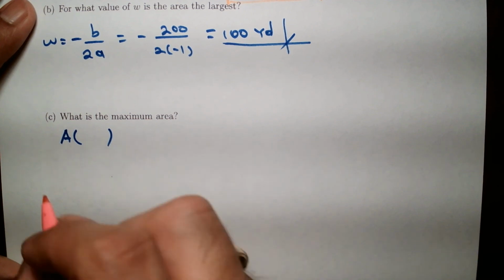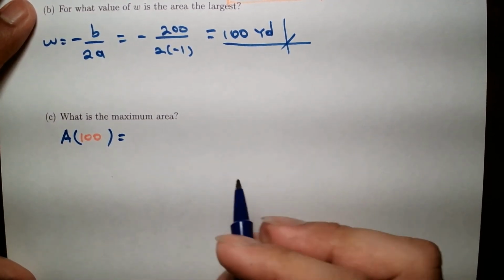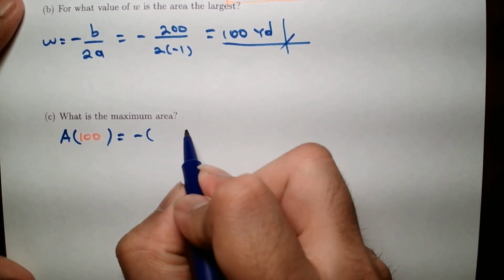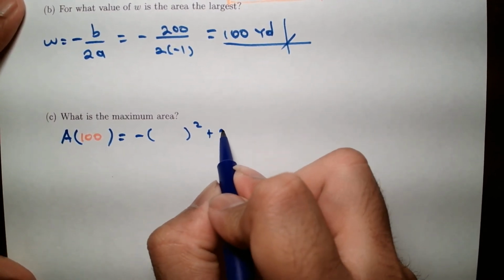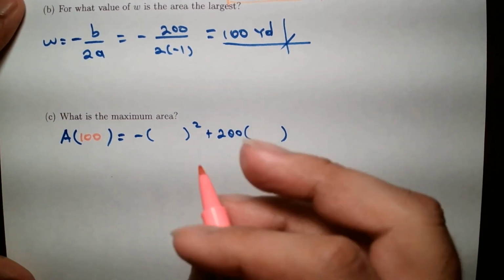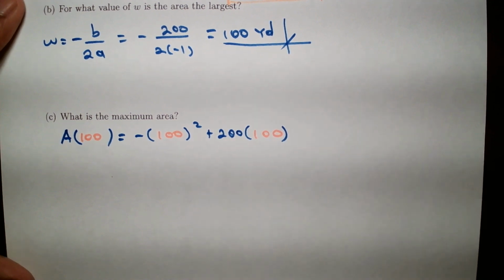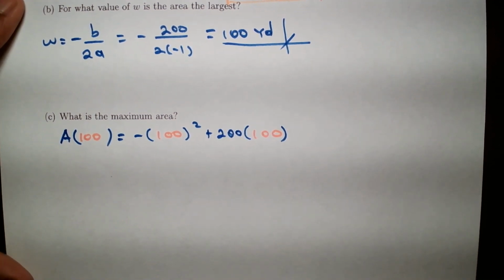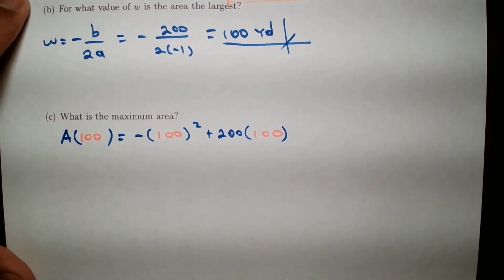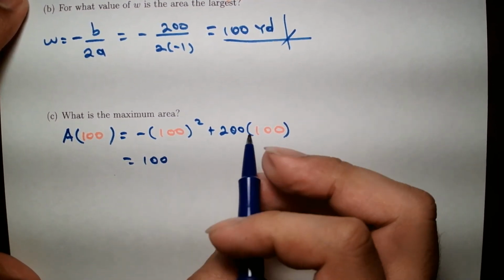So A evaluated at 100 is going to give us negative W squared plus 200 W. All right, so using a calculator, in this case, we are going to get as a final answer 10,000.